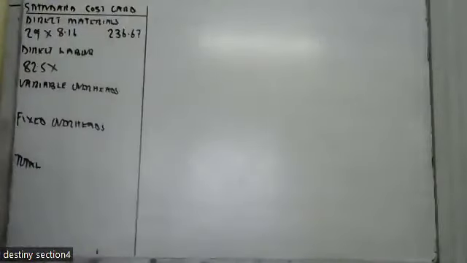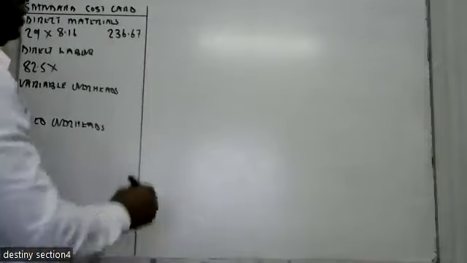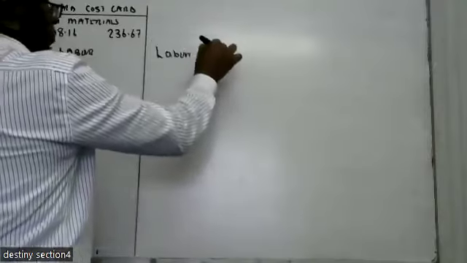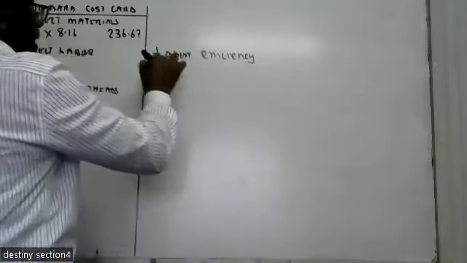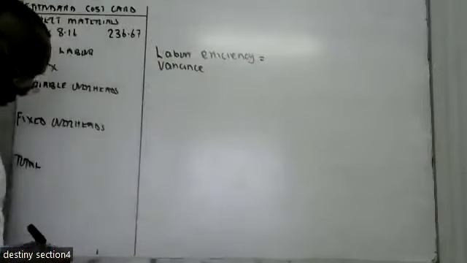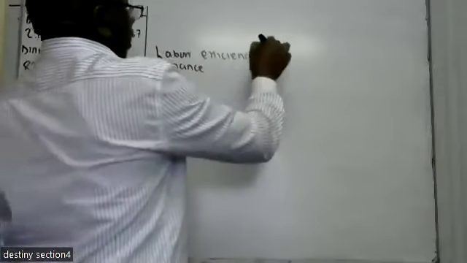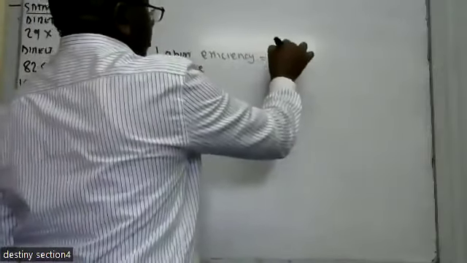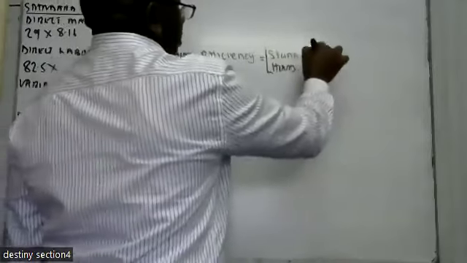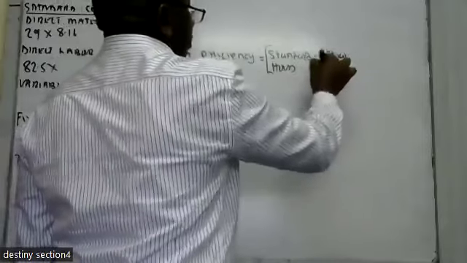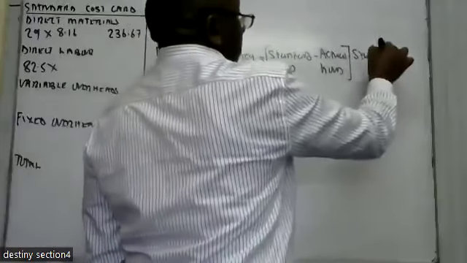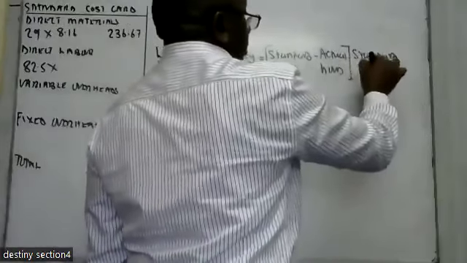The hours we will get from the efficiency variance, whereby you say labor efficiency variance is equal to standard hours minus actual hours, multiplied by standard rate.